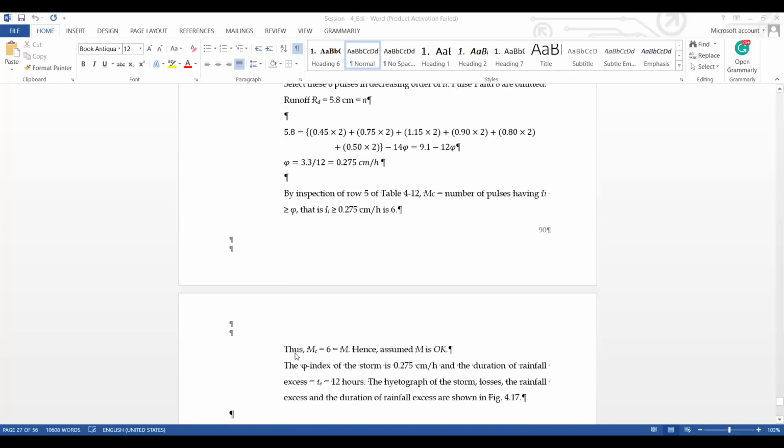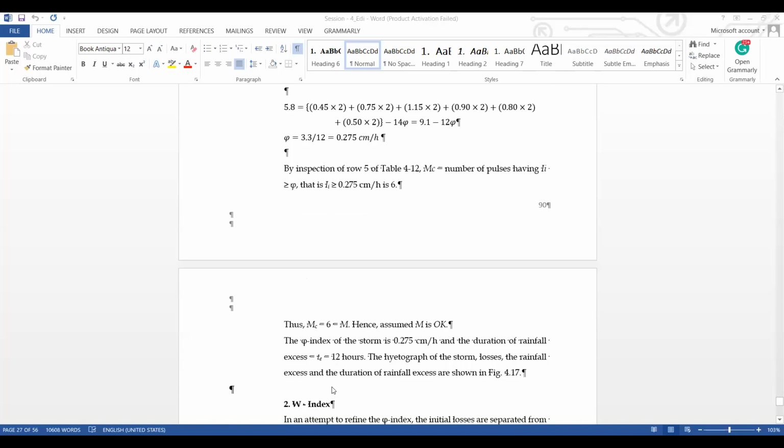So your assumption m equals 6 is correct. So your phi index is also 0.275, which corresponds to the correct assumption. That is how we do the calculation for phi index.